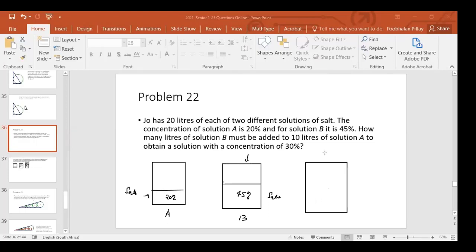So in solution A, this is 10 liters, so in this, you got 2 liters of salt. 20%, right? 2 liters of salt.